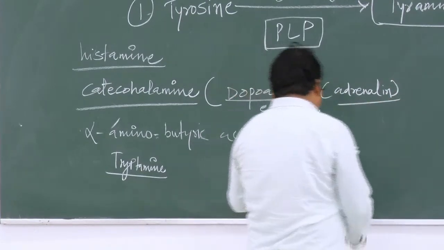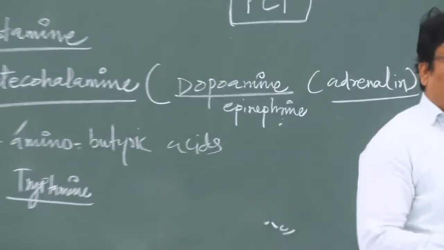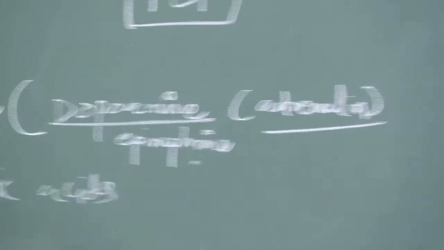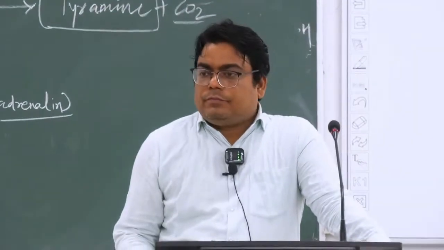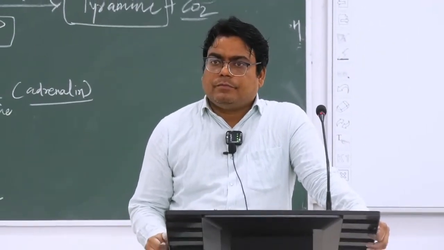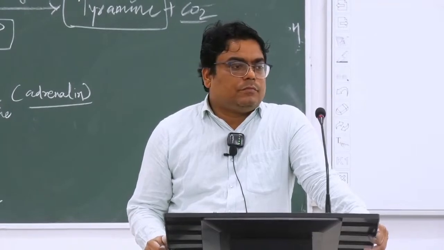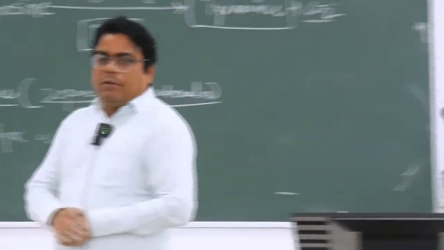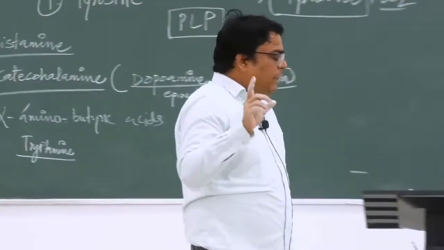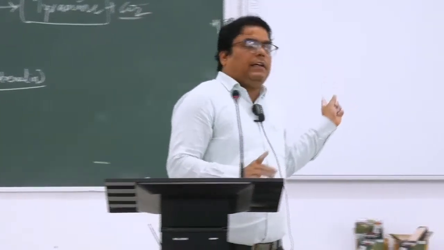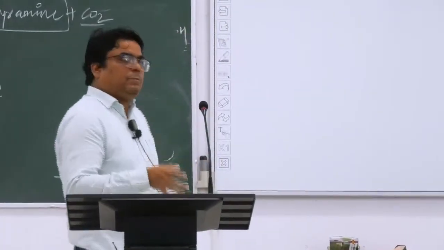What is the function of dopamine? It is helpful for the regulation of blood pressure in the body. So dopamine is formed by this decarboxylation reaction, as a specialized product.